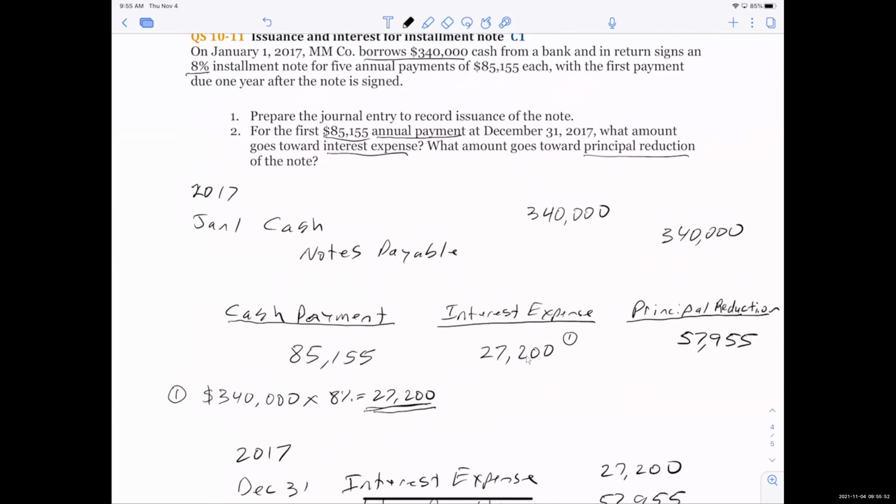Next time around, the interest will not be based on 340,000. It's going to be 340,000 minus the principal reduction of 57,955, so next time I'm going to be multiplying the interest rate by 282,000, because I reduced my principal.